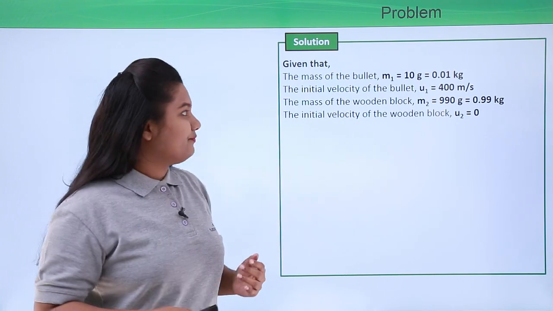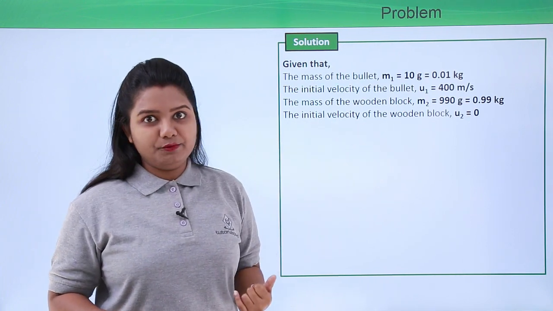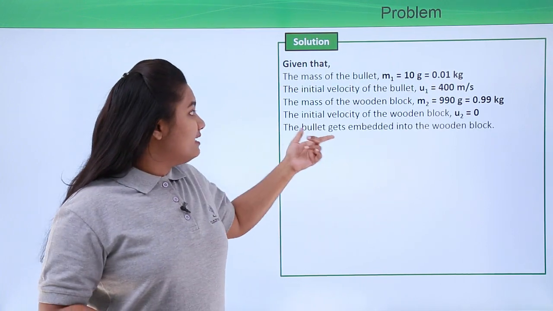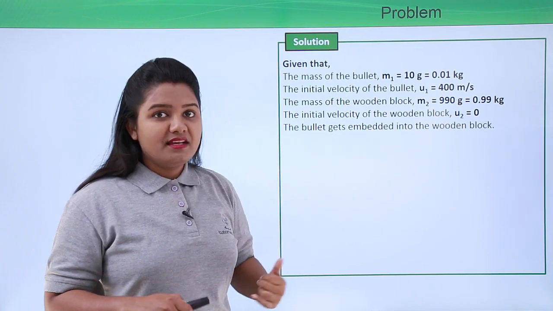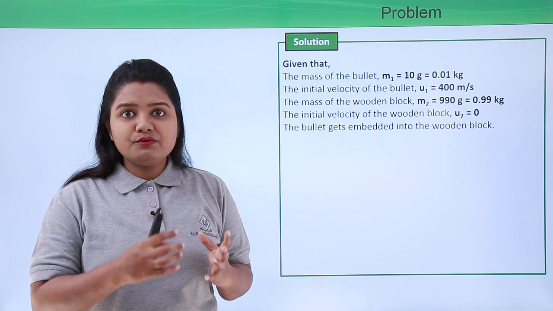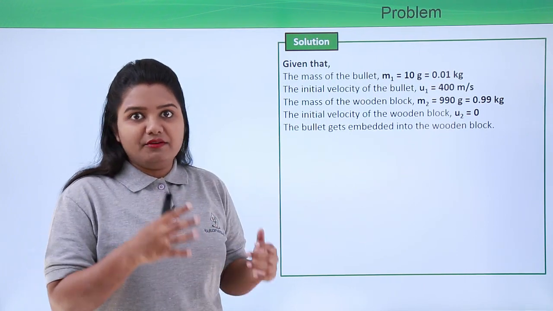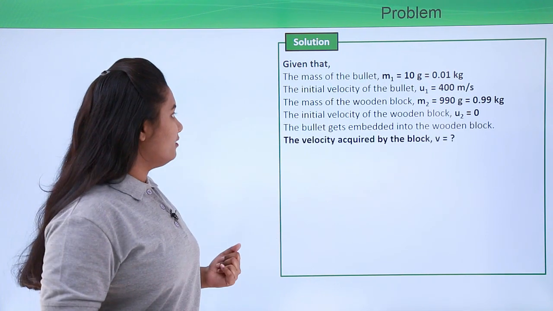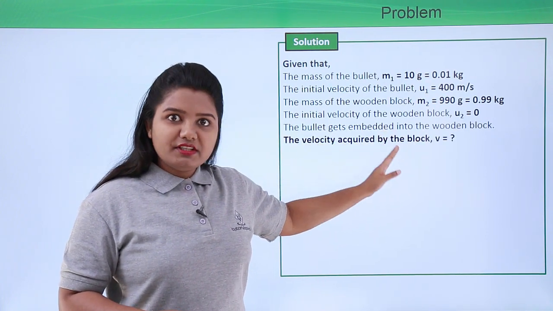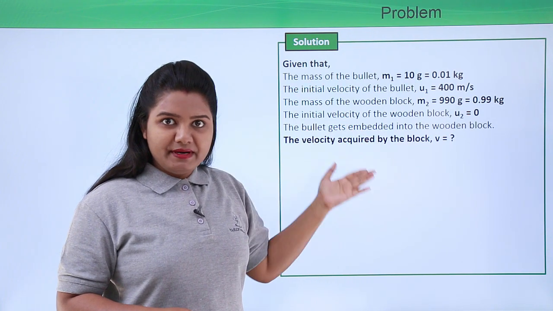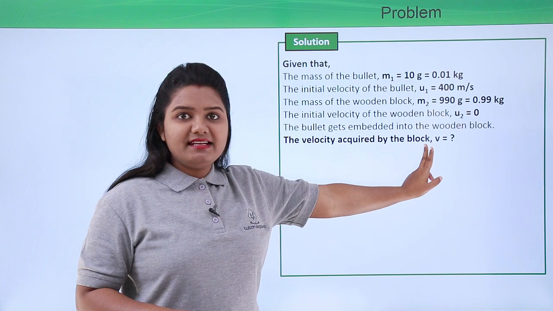The bullet gets embedded into the wooden block after firing, and that is the reason why these two get together and move together after collision. So the velocity acquired by the block after the bullet gets embedded into it is the thing that we need to find out, and we will take it as v.